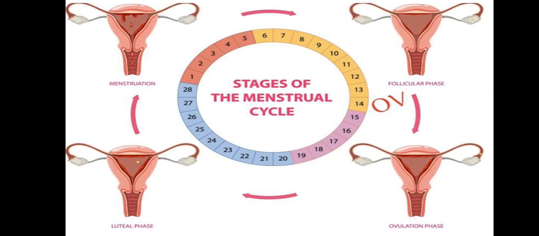Among all those different numbers that people mention, 30, 35, 21, 28, 23, 25, in science we use one average, and that is 28 days. So 28 days will be the reference number that we're going to be using as the average number of days for the menstrual cycle in this particular session.